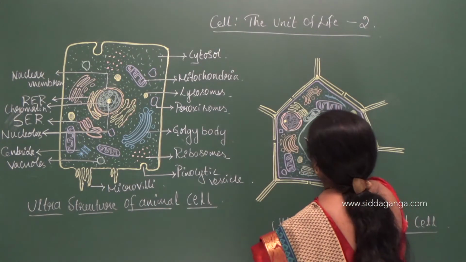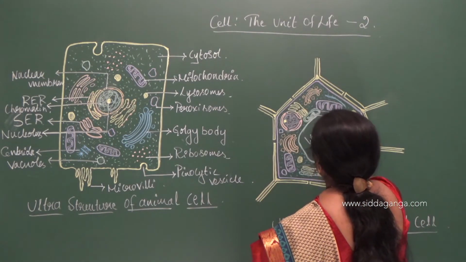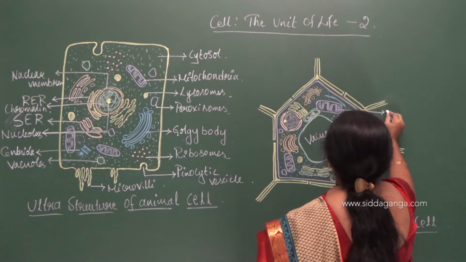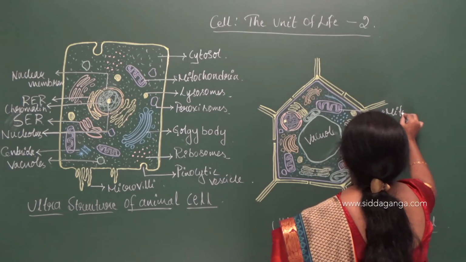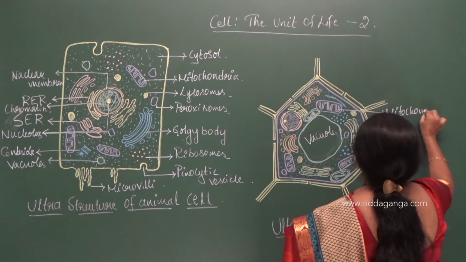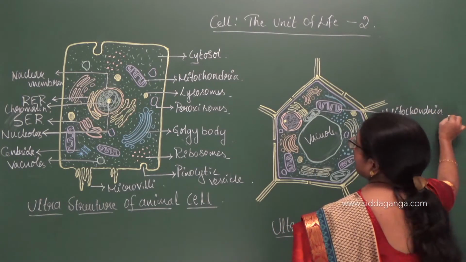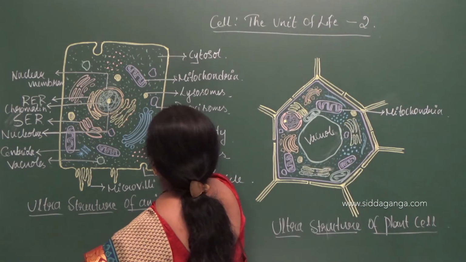Here this is vacuole. So this is mitochondria. Plasma membrane.